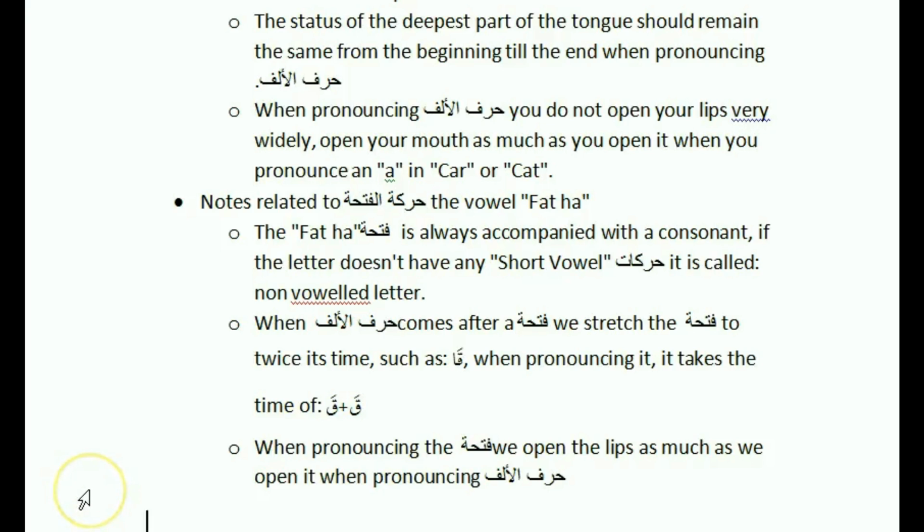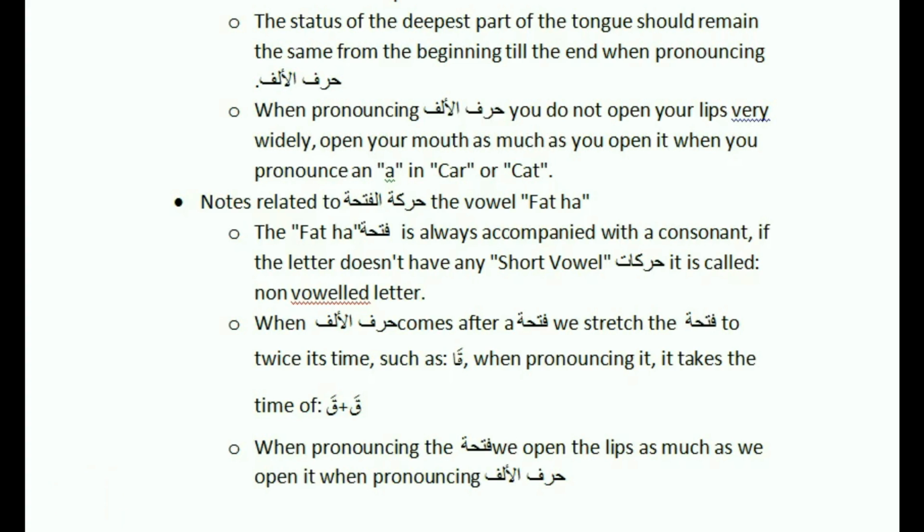Now here are some other notes related to حركة الفتحة. As we stated before, حركة الفتحة is the short form of the long vowel Alif. So, a fatha is an alif. A fatha is a short vowel. An alif is a long vowel. So, حركة الفتحة is the vowel of fatha.